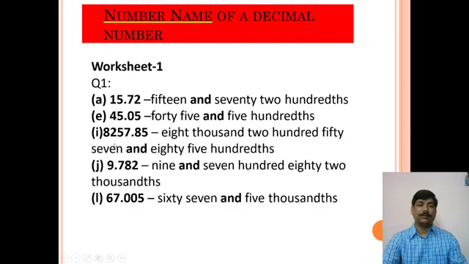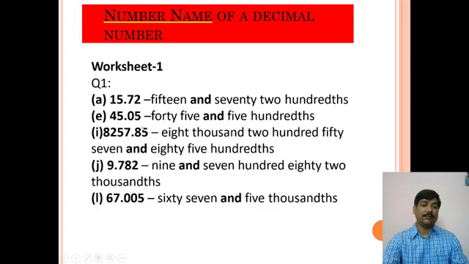In this number, the whole number is 8257, and it is written up to the hundredths place to the right of the decimal.